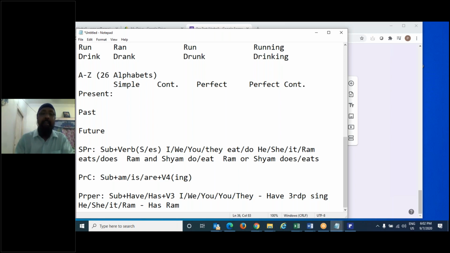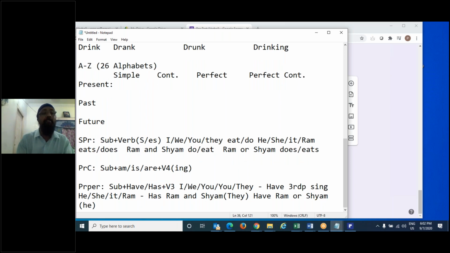Ram and Sham, it will be have, because Ram and Sham is referring to they. If we talk about the pronoun for this, it is they, so it will accept have. However, Ram or Sham, it is any one of them, so it is referring to singular, so it will be has. Ram and Sham have, Ram or Sham has.